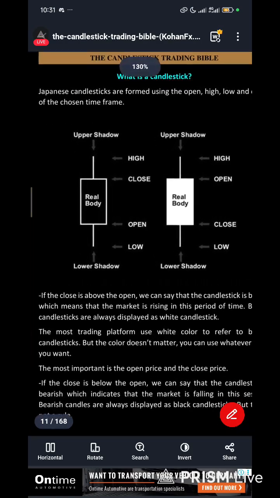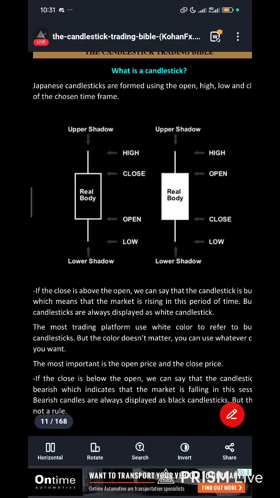Okay, this is what I mean by the 4 key data points for a specific time frame. We have seen this black candle, the one at your left hand.